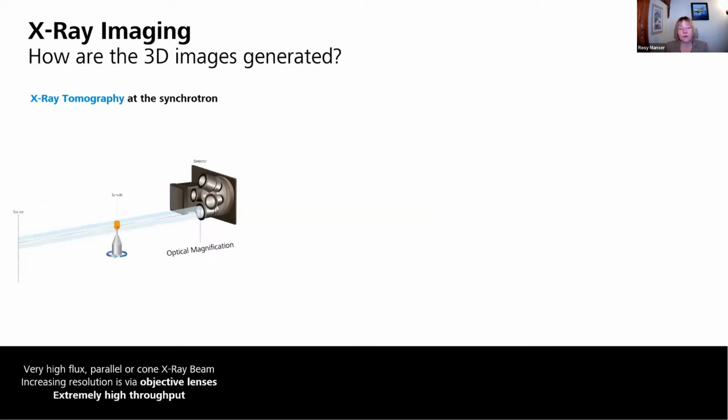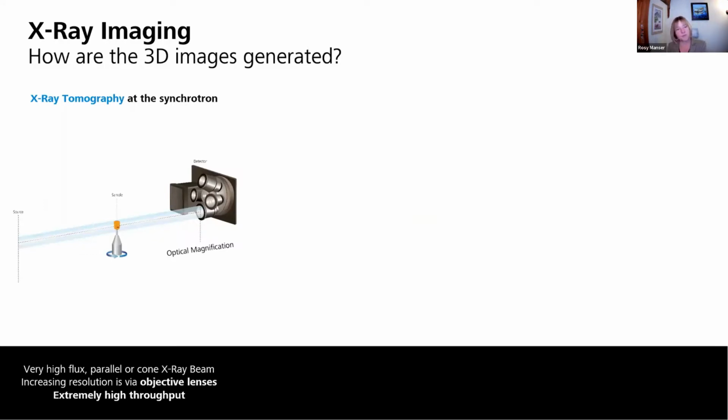And to pick out a few of the technology platforms that you can use to be able to generate your image, if we start with the synchrotron, Liz will talk a lot more about what the synchrotron is in the second part of the talk. But essentially, it's a really, really very high flux source of X-rays. And that source of X-rays can be shaped as a parallel beam or a cone of X-ray beam.